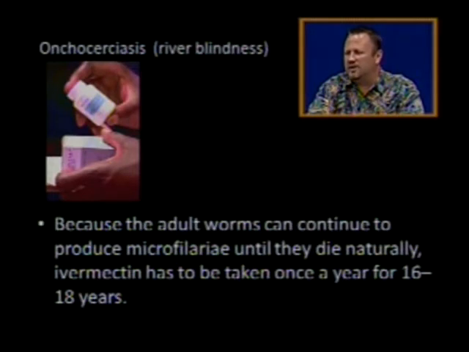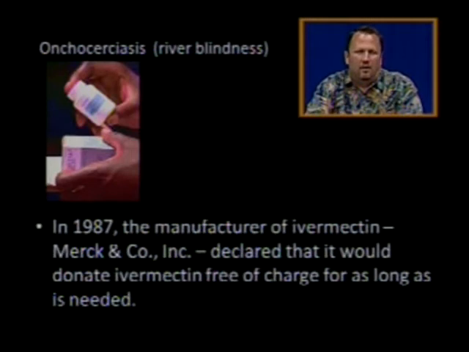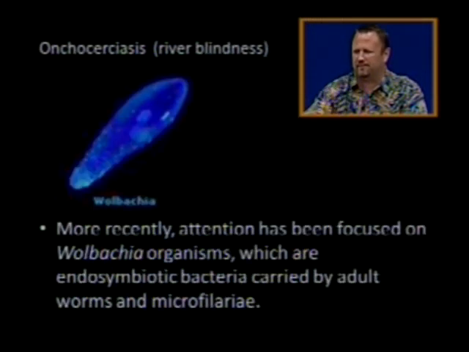Because the adult worms continue to produce microfilariae until they die naturally, ivermectin has to be taken once a year for 16 to 18 years. In 1987, the manufacturer of ivermectin, Merck, declared that it would donate the drug free of charge for as long as the drug was needed.